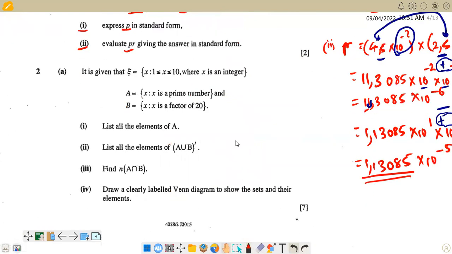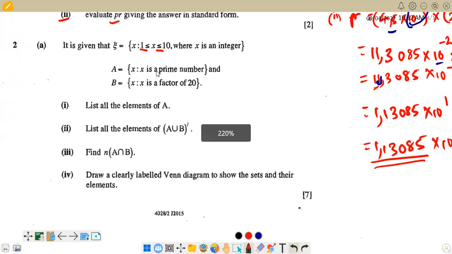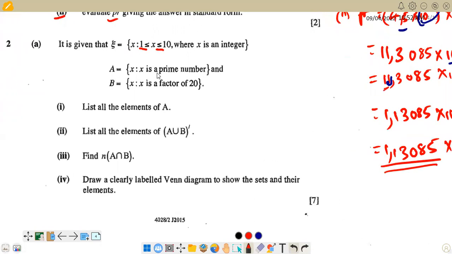Now number 2, you're given the universal set with elements of 1 to 10. Take note here, our x is greater than or equal to 1, so which means 1 is involved, also 10 is involved because there's an equal to there. All right, so the question is, we've got the multiples of A and we've got the prime factors of 20 for B, then list all the elements in A. So A is a set that is going to be taken from what?